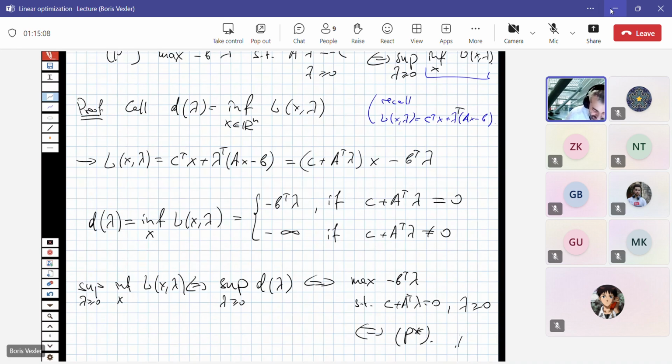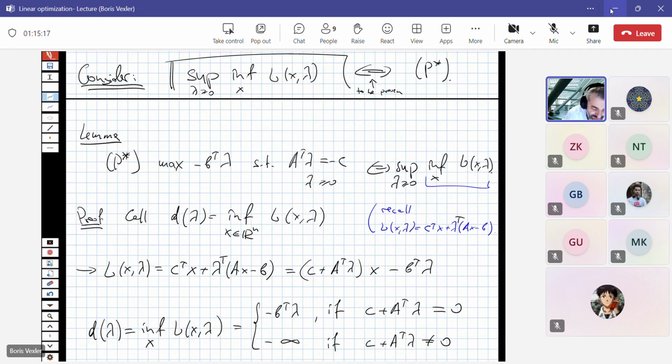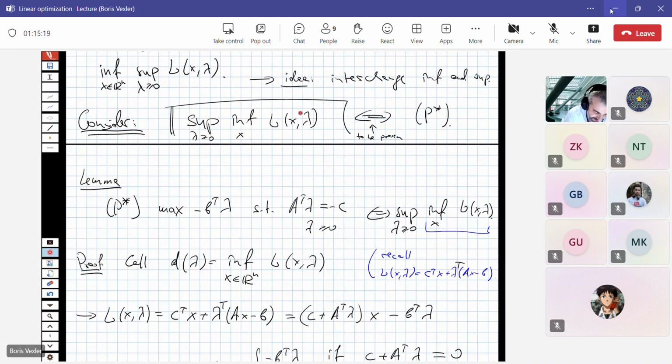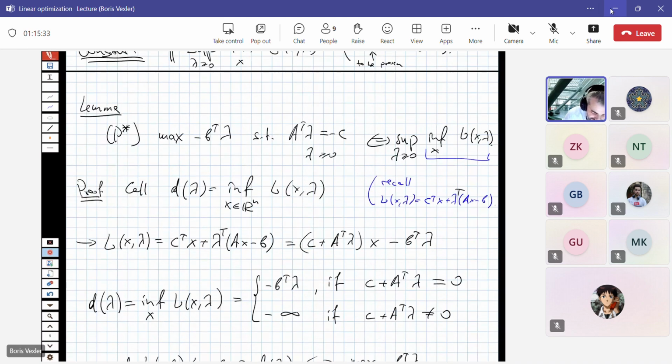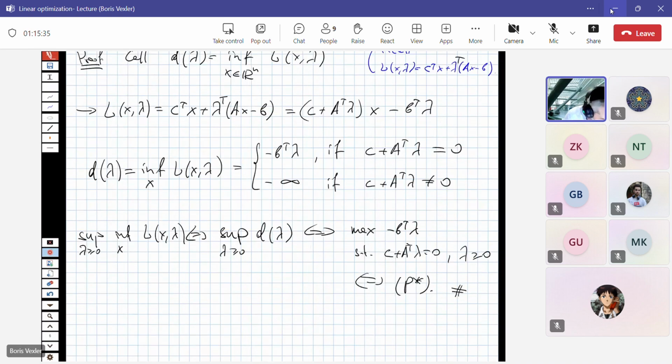Again, in general, the idea is to use the Lagrange functional to write the original problem as minimization of maximization of the Lagrange functional, and then to interchange inf and sup, and then we get the problem P star.